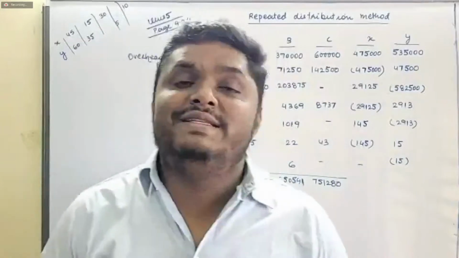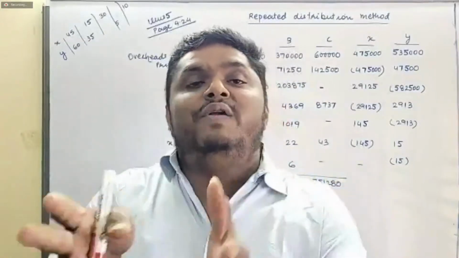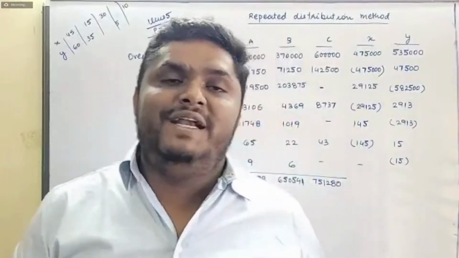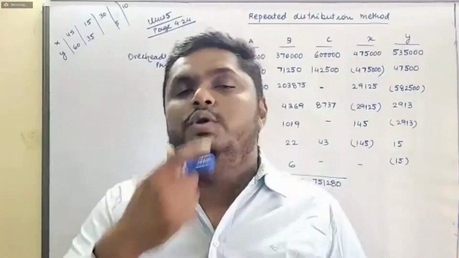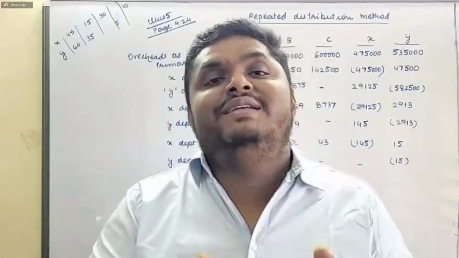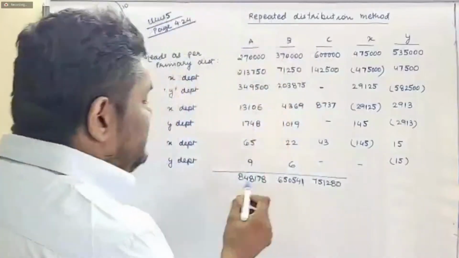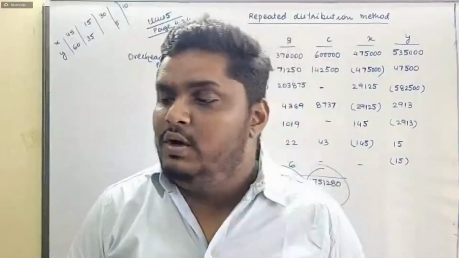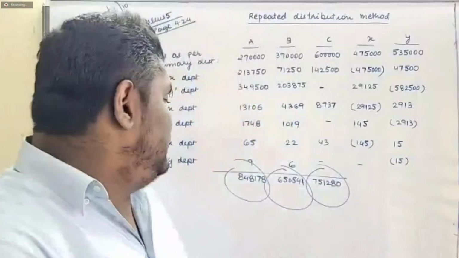Now again, the answer is more or less same to what we have solved in simultaneous equation method. So I repeat again, if any of the method you use, the answer will be the same. If a little difference also comes, that is the rounding off difference. This is the total amount we were getting in the simultaneous equation method also, and in the repetitive distribution method also.